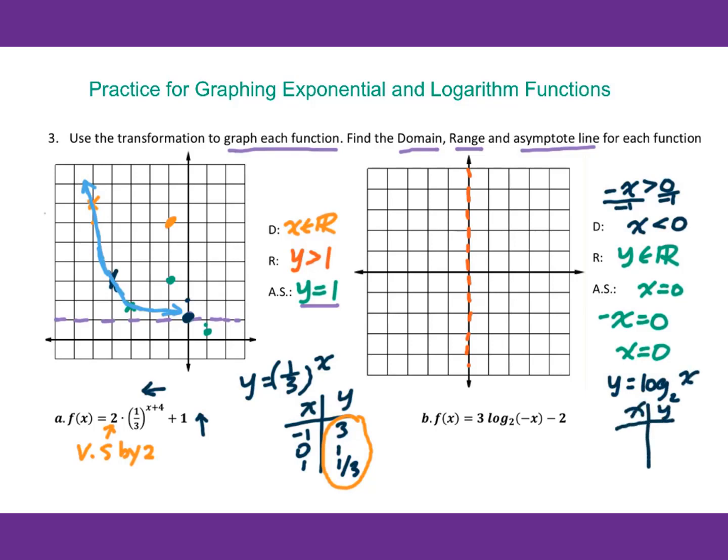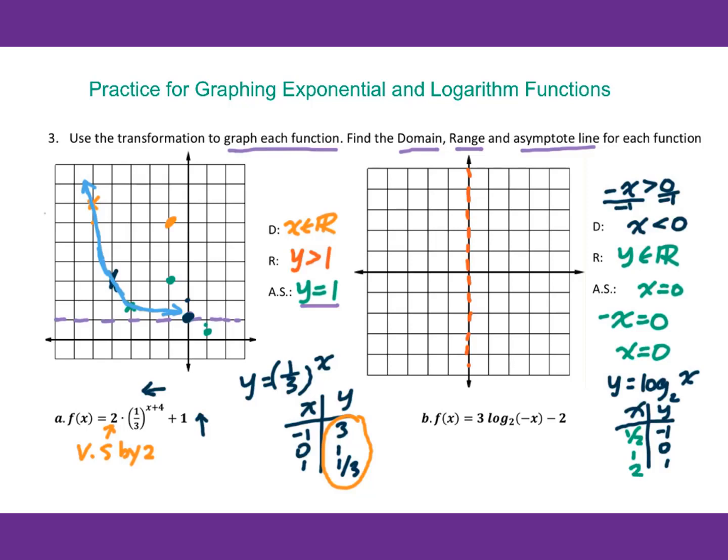Here x is y. For y, you get negative 1, 0, 1. So 2 to the negative first power will be 1 over 2. 2 to the 0 power is 1. 2 to the first power is 2. Find these 3 points.